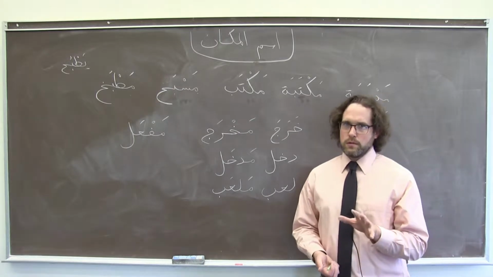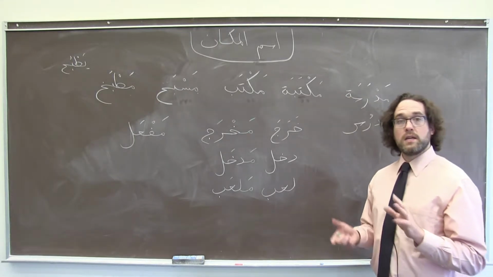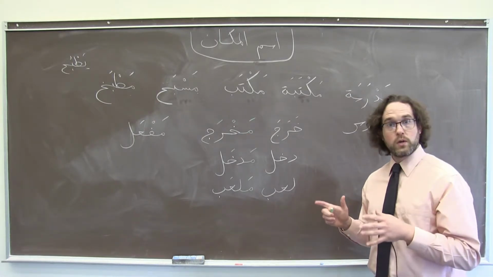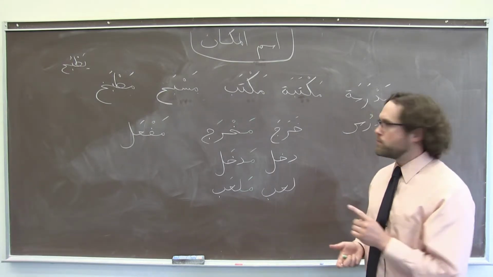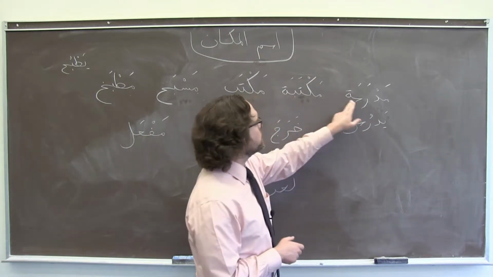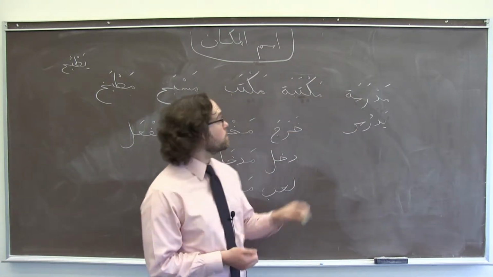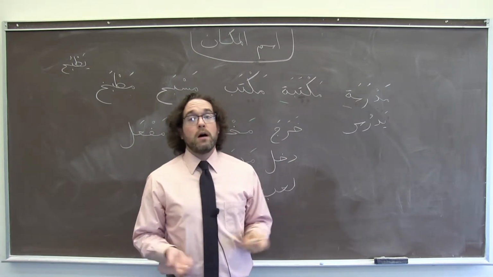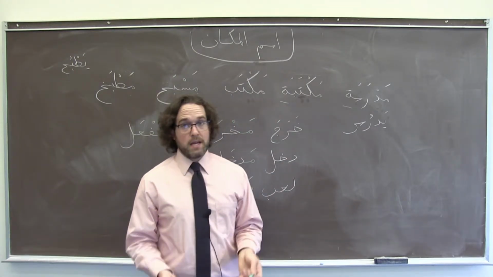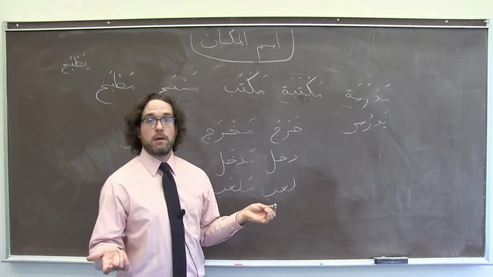There are a couple of other wrinkles that we need to bear in mind when we encounter ism makan or when we're trying to construct one of our own. First of all, you probably noticed that a couple of these examples here have a ta marbuta at the end. This is unpredictable. Occasionally an ism makan will just have a ta marbuta on it.